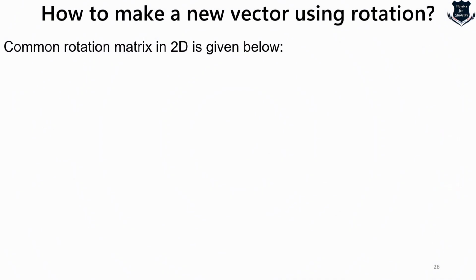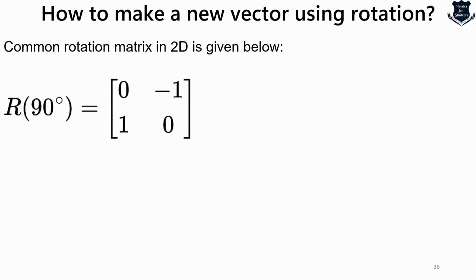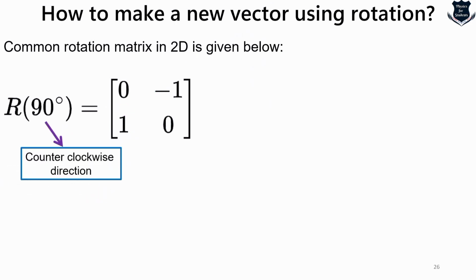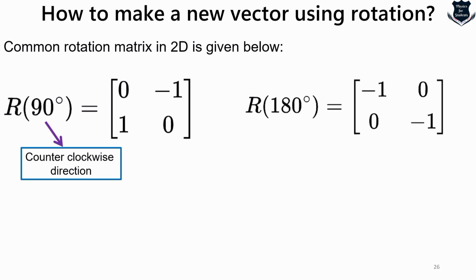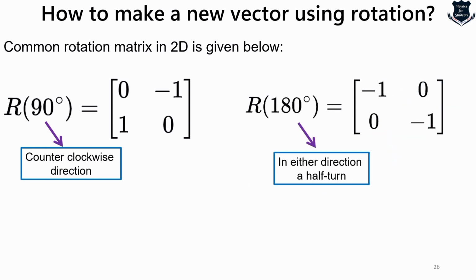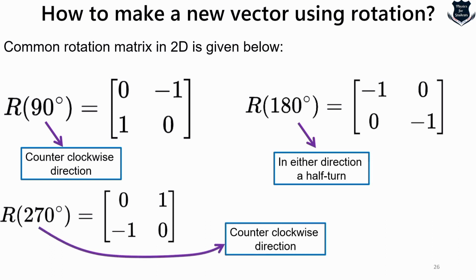Now if I take the 2-dimensional rotation matrix, R 90 degrees actually looks something like this, which is the common counterclockwise rotation matrix. R 180 would look like this, which is a half turn in either direction, and R 270 degrees would look like this, which is in the counterclockwise direction. This is just to give you an idea of what all these things are about.